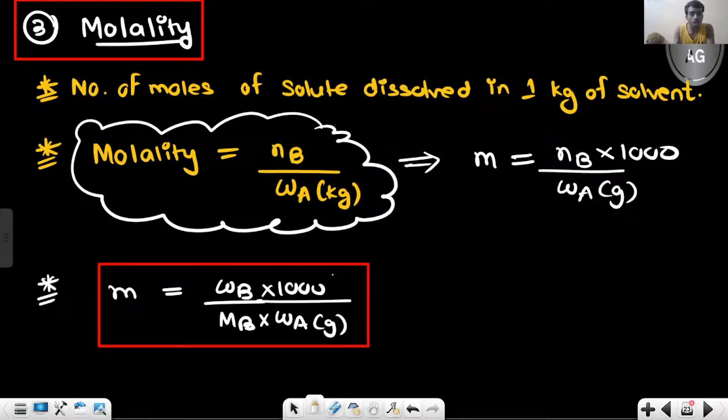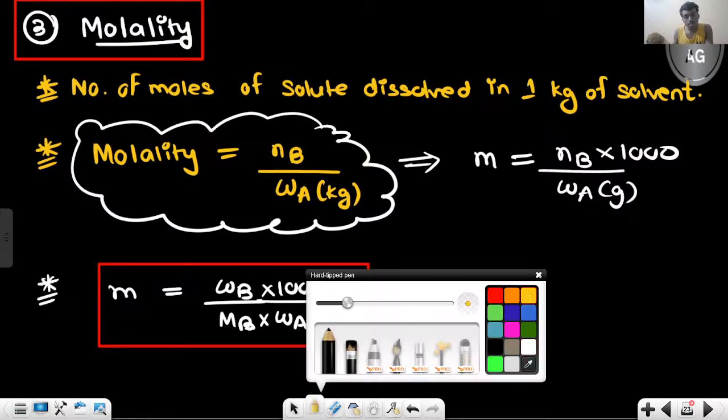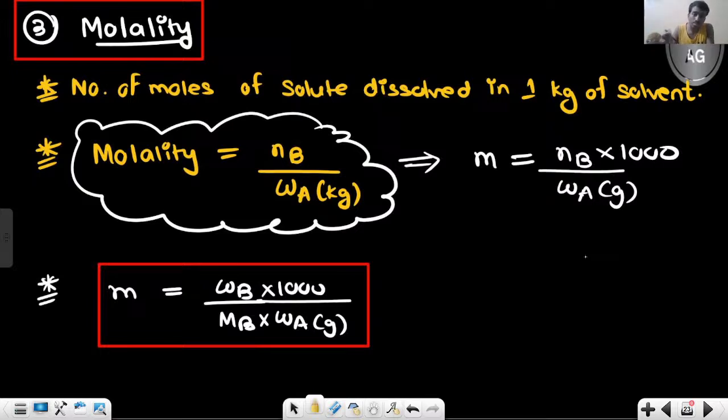Next we have to talk about molality. Molality is the number of moles of solute dissolved in 1 kilogram of solvent. Previously it was volume; this is not volume, this is mass. Molality and molarity are two different things. The formula is NB by WA, where WA is the weight of the solvent, not the solution. The common mistake is taking the weight of the solution, but that is not the case.